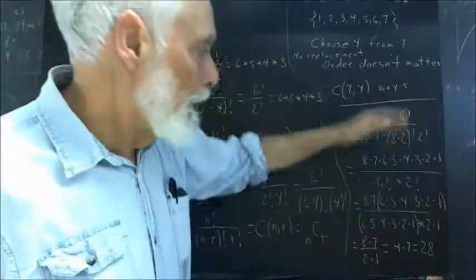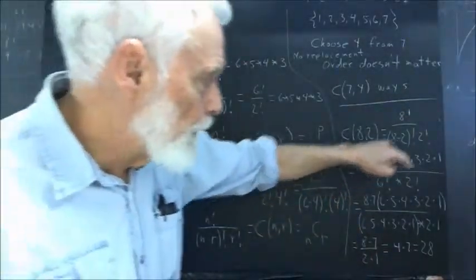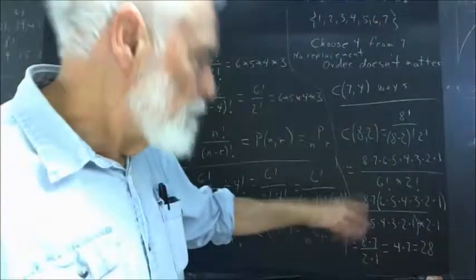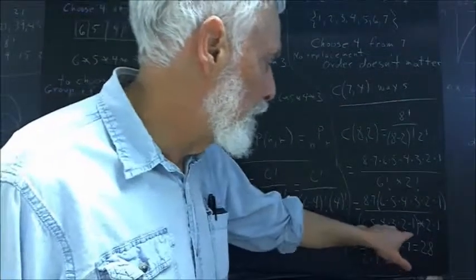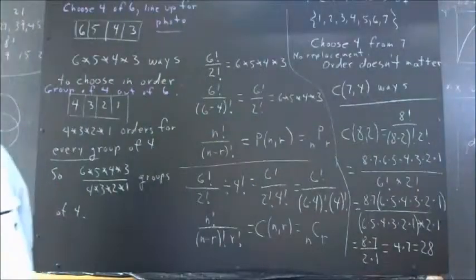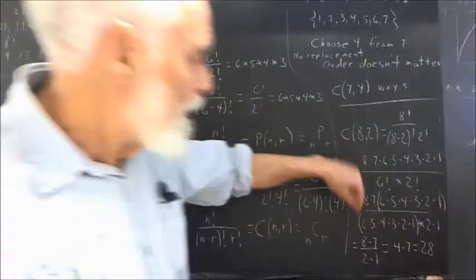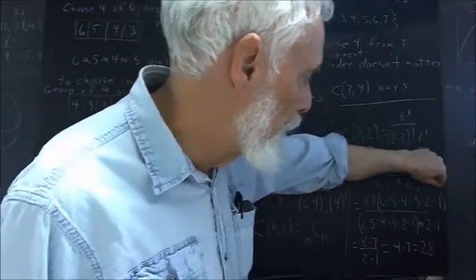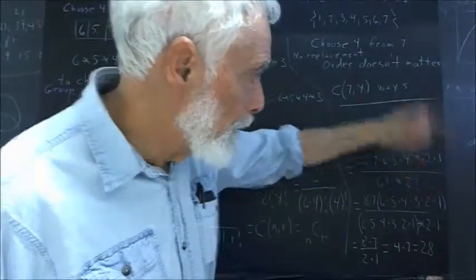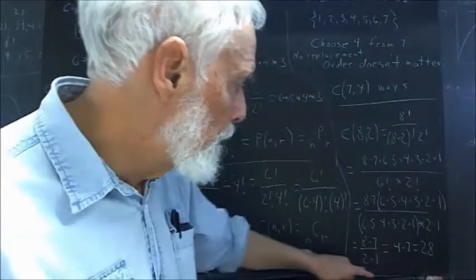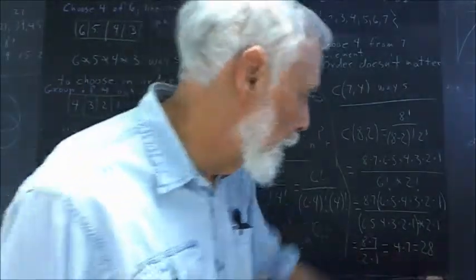Now then, in the next step, I write out the 6 factorial, and I write out the 2 factorial, and you see what I get, 6, 5, 4, 3, 2, 1 for the 6 factorial, 2 times 1 for the 2 factorial, and I choose to group the 6 down through the 1 here and the 6 down through the 1 here. This divides into this, gives us 1, leaving us 8 times 7 over 2 times 1. And then 2 goes into 8 4 times, so I end up with 4 times 7, or 28.